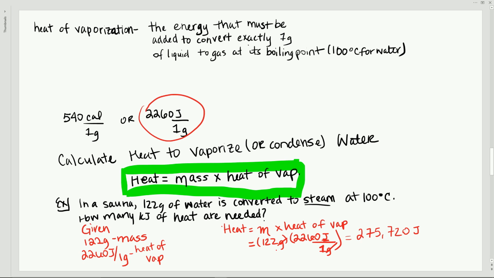Now we need to look at our sig figs. So this number has 3 significant figures, and this number also has 3 significant figures. So our answer needs to be 3 sig figs. So I'm going to go ahead and mark our third significant figure here. But it wants our answer in kilojoules. Okay, so we need to convert to kilojoules.